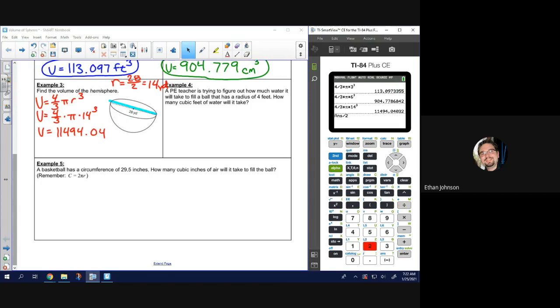So it says ANS, answer, divide by 2. Hit enter. So for this problem, we have V equals 5,747.02, unit of measure yards cubed.